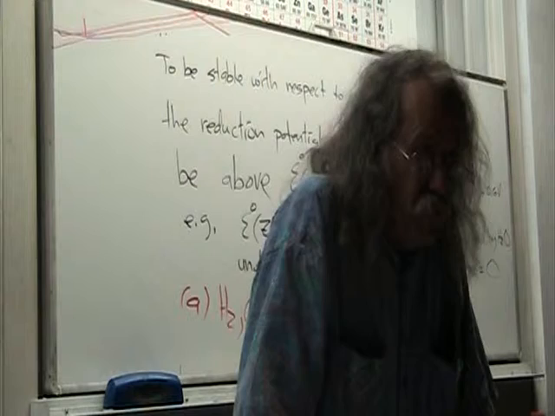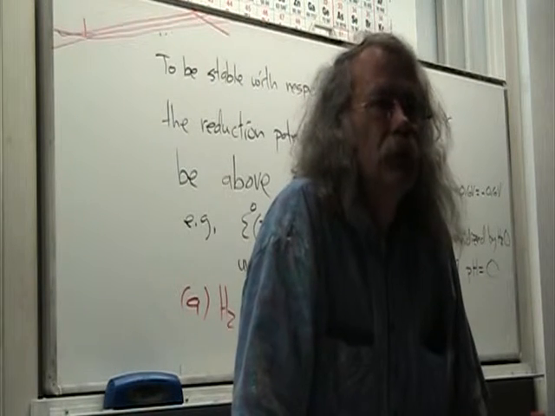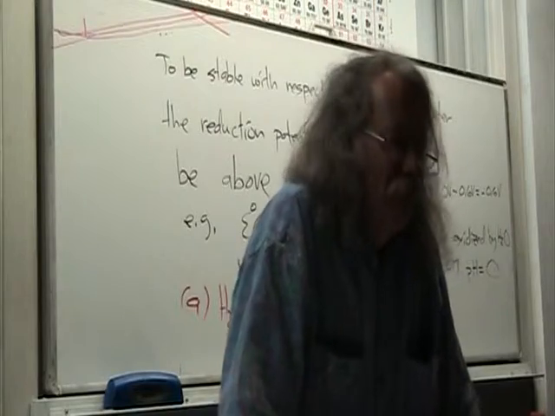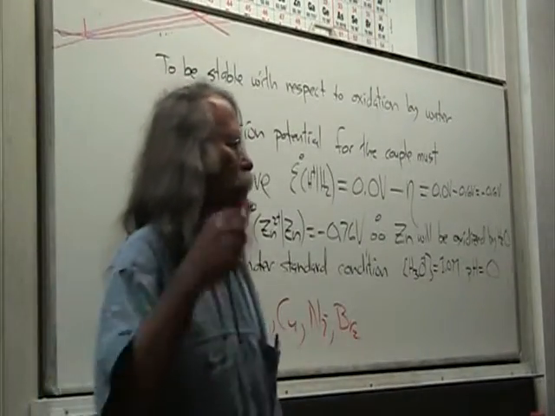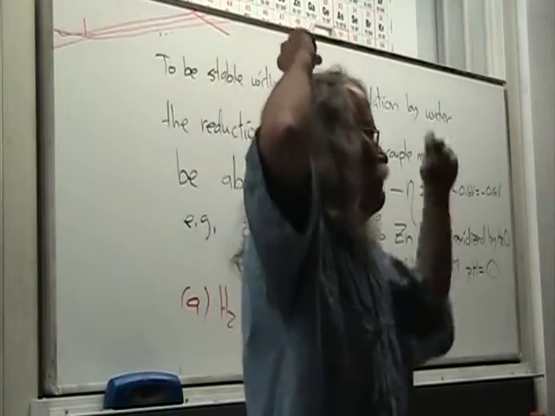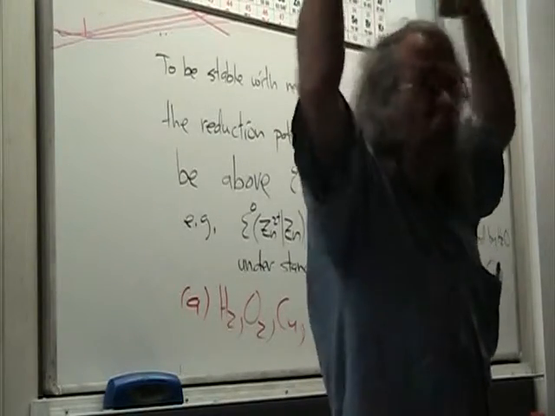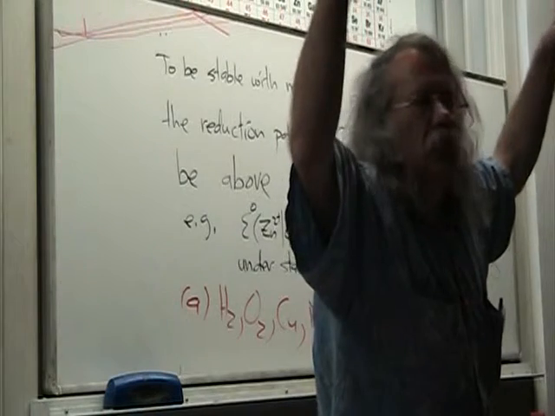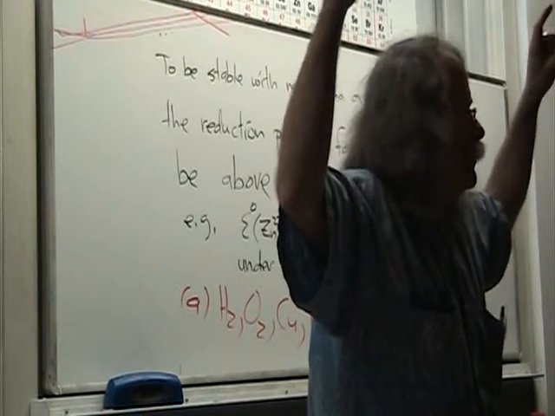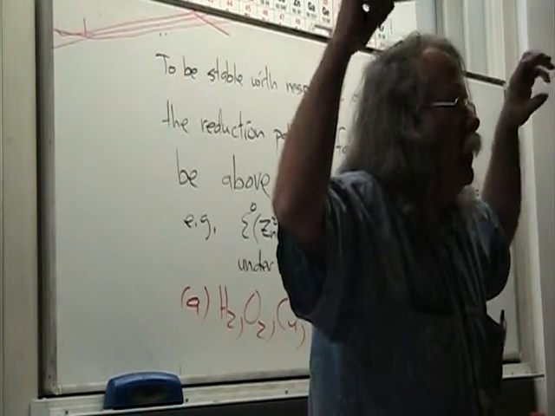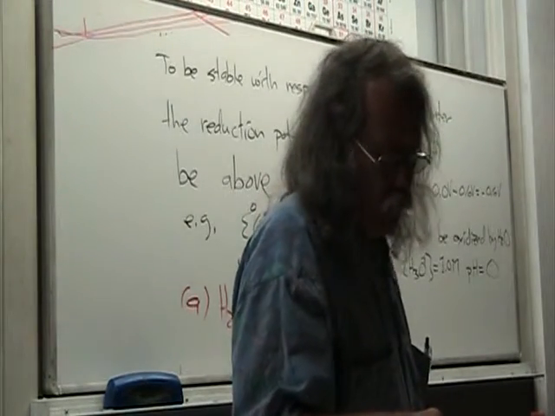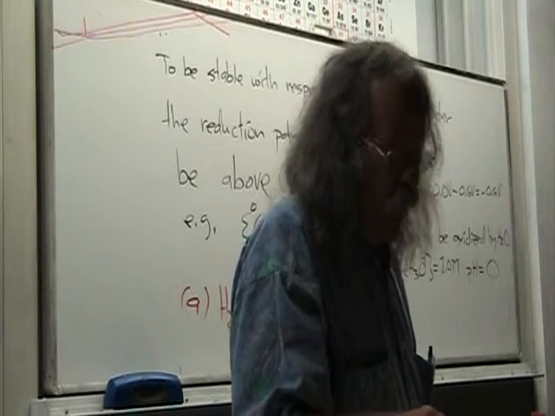Is it going to be reduced? Well, no. In order for zinc to be reduced by water, it would have to have a reduction potential greater than 1.82 volts. So all of those ionic forms are going to fall in that category.